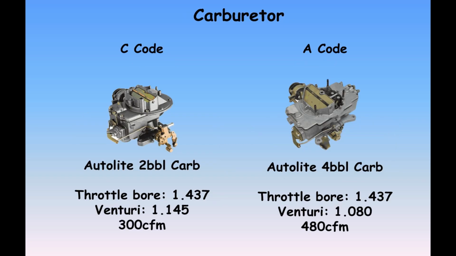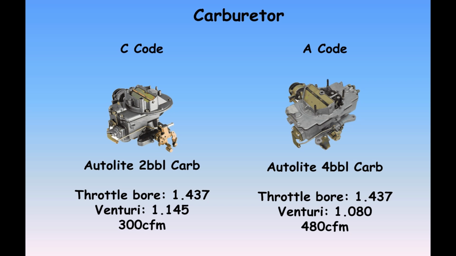The carburetors that sit on top of those manifolds are also slightly different. Obviously the 4-barrel has 2 extra barrels, but some of the specs of the carburetors themselves are just a little different. The Autolite is a fairly simple carburetor, very easy to work on, very easy to repair. The 2-barrel has the venturi at 1.145 inches in diameter. Now the venturi is the center section that the airflow goes through.